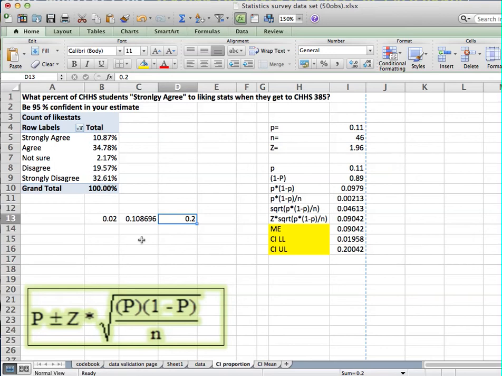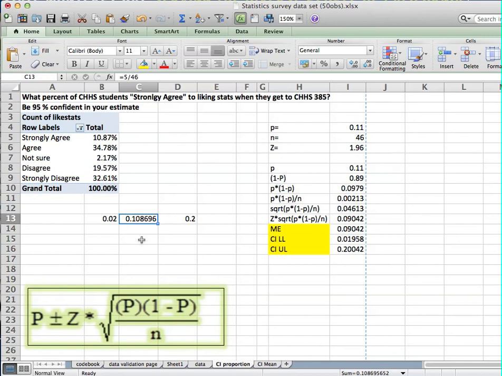In other words, we are 95% sure that the percentage of CHHS students in the population who strongly agree with the statement that they like statistics is between 2% and 20%.